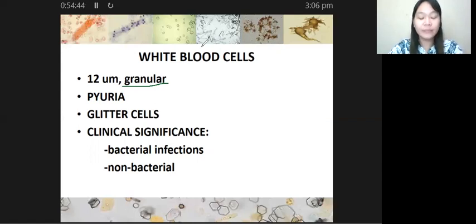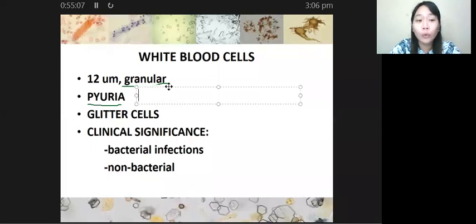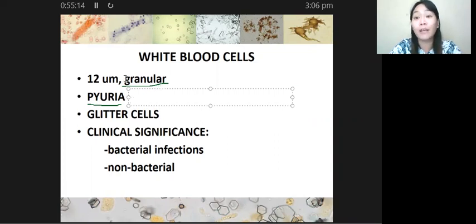Since there is a normal value for your white blood cell, ibig pong sabihin, the presence of your white blood cell in urine does not always indicate a pathologic condition. So that's why in order for us to recognize that the presence of your white blood cell is due to a pathologic condition, we make use of the term pyuria.